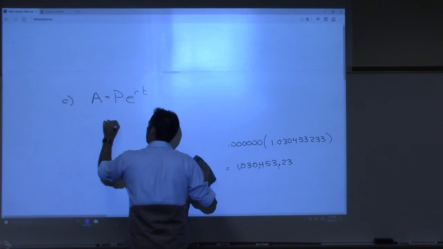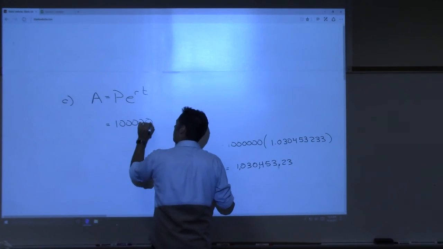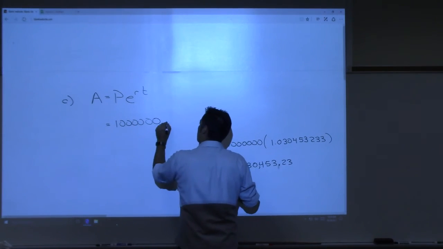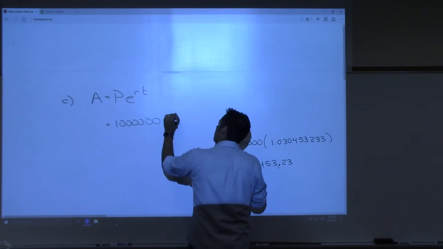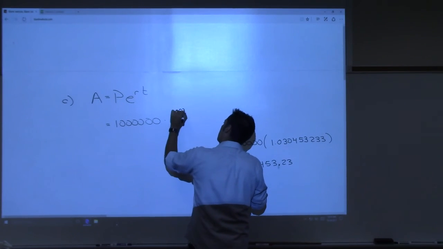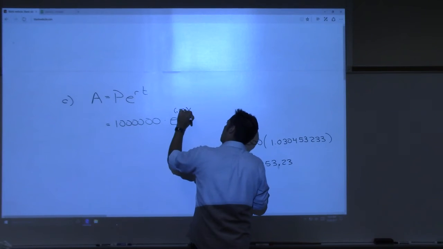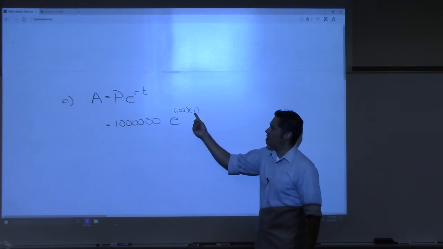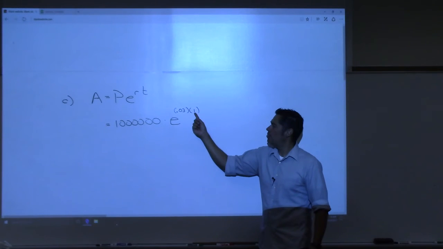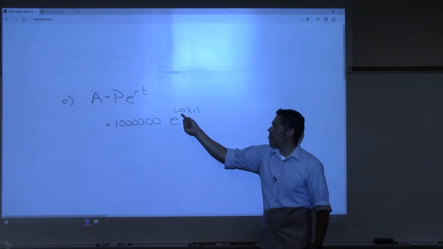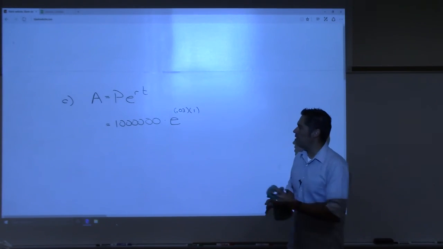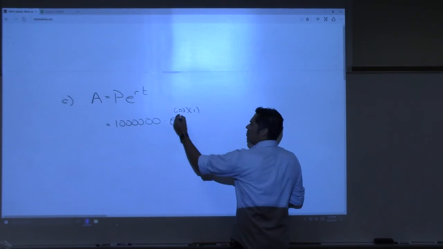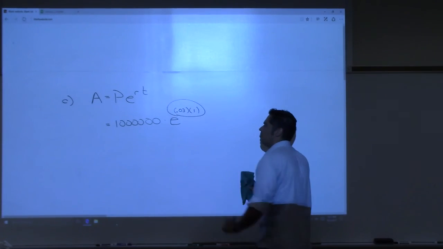So this is going to be a million times e raised to the 0.03 times 1. Right, because t is 1, time is 1 year, the rate is 0.03. So if you were going to do this on your calculator, you first figure out what this is.